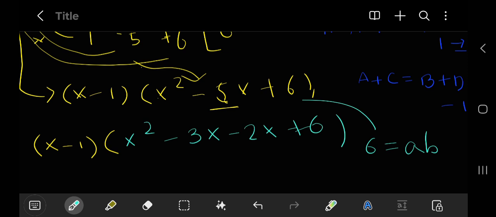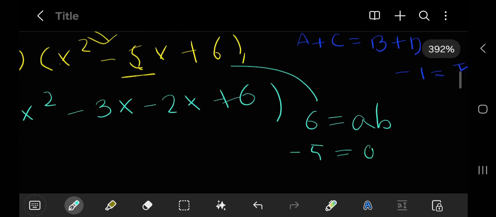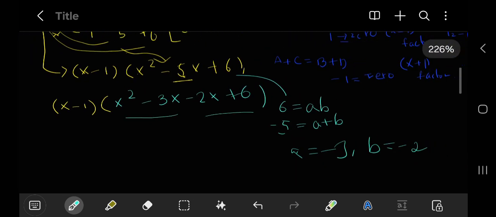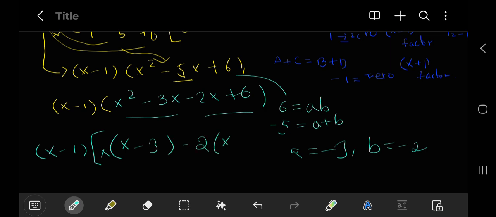So I'll split that middle term. I have written that 6 is equal to a into b, and minus 5 is equal to a plus b. So here my a is equal to minus 3, b is equal to minus 2. I split the middle term in that way. Now I can take x common from the first two terms, leaving me x minus 3.